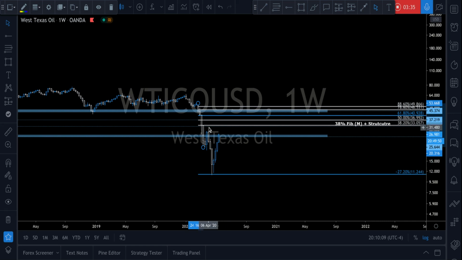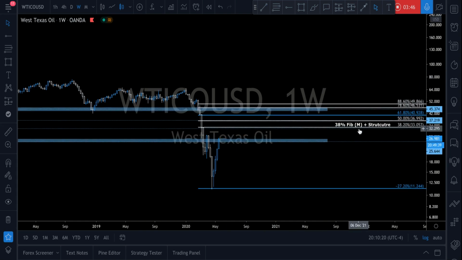However, you can see that there was a significant difference between our entry and where it actually started reversing. So it's about 360 pips, and that's why we didn't actually get into this, which is okay. We rather miss trades than gamble and impulsively take trades that aren't necessarily there.